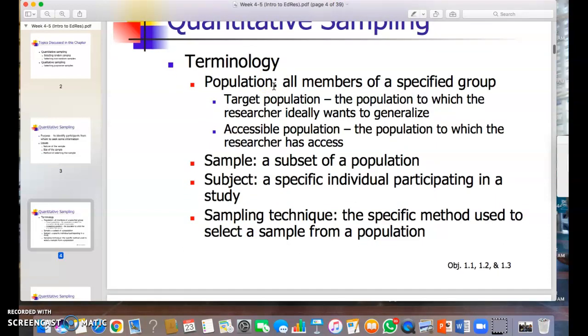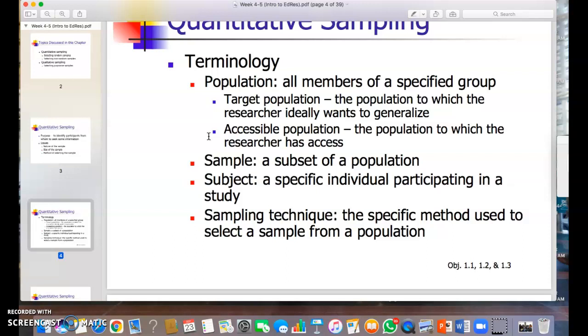So what is the population actually? The population is all members of a specified group. In that population, we have the target population and the accessible population.